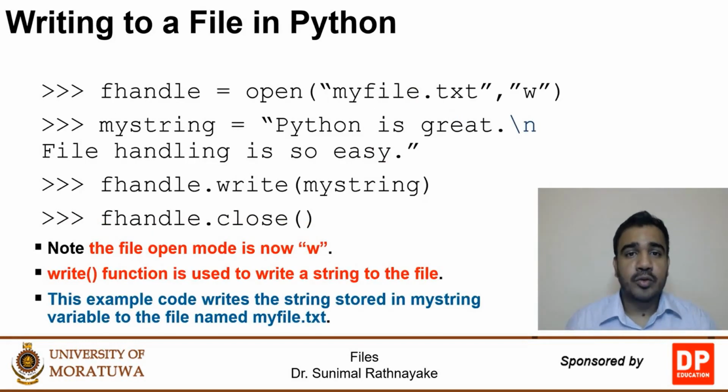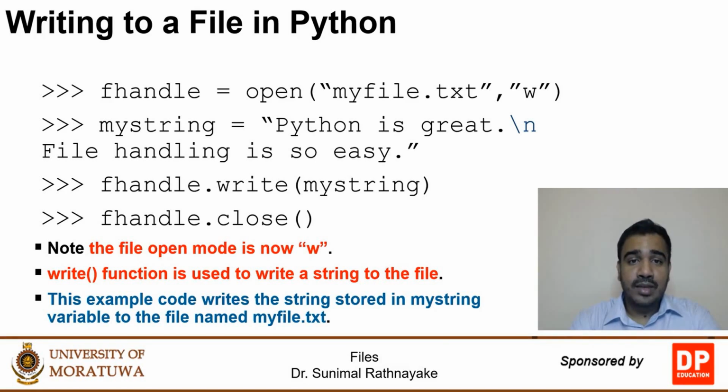Now that we know how to read files in Python, let us learn how to write to a file in Python. To write a file, we have to open the file in the write mode. To do that, we can specify the mode as W while calling the open function. Once opened, we can use the function write to write a given string to the file.